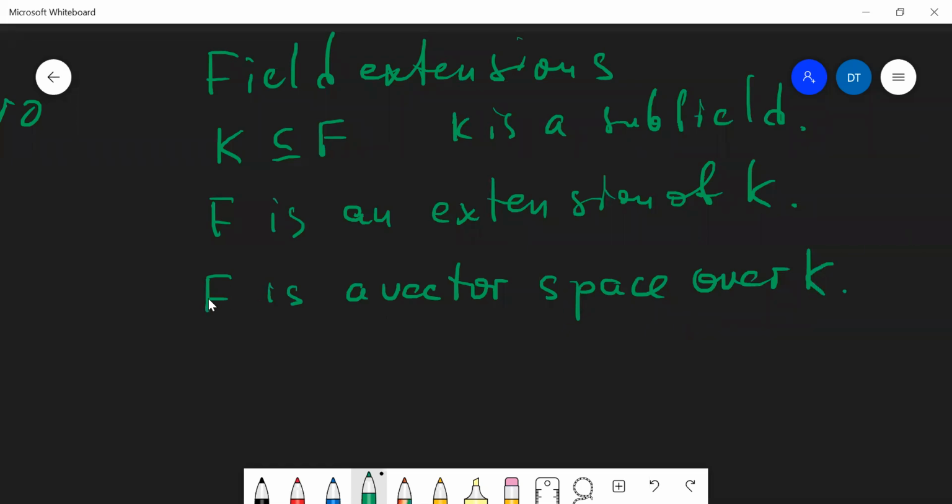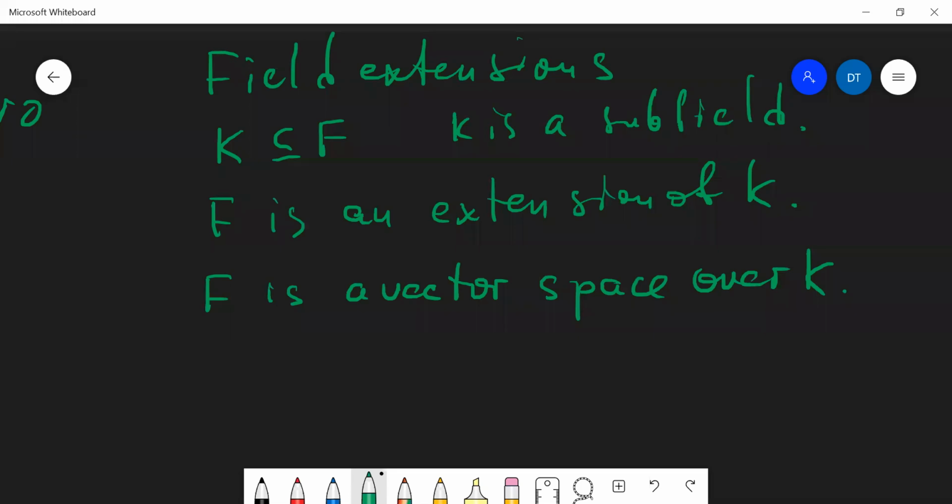But F is already a field, so you can add the elements of F, and you can multiply any element of F by any element of F. But K is a subfield of F, so you can multiply any element of F by any element of K, since K is a subset of F. So by definition, well, you have to check the axioms, but these axioms follow from the axioms of the field. So F is a vector space over K.